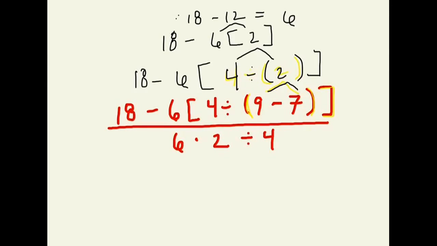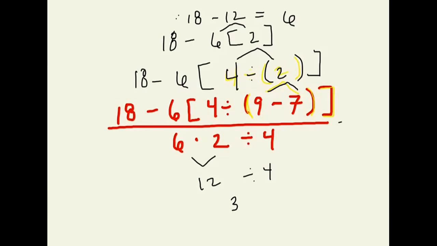Down on the bottom I have a multiplication and I have a division. So multiplication and division doesn't take precedence over each other. You just do from left to right. So here I'm going to go from left to right. 6 times 2 is 12. I also have this divided by 4. 12 divided by 4 is 3.